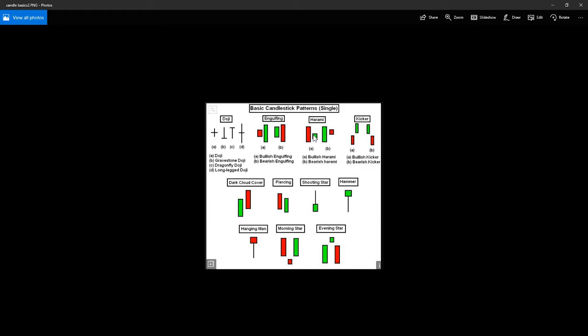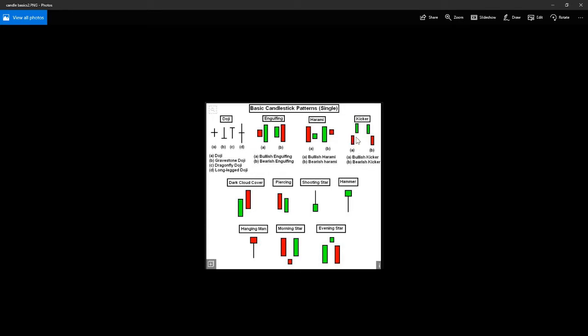It's kind of similar to the harami because there's a gap involved. So a bullish kicker is something getting sold off. You get a red candle, a bearish candle, and then it just drives right up, because technically the price action that candle should open somewhere up in here and it gaps way up.